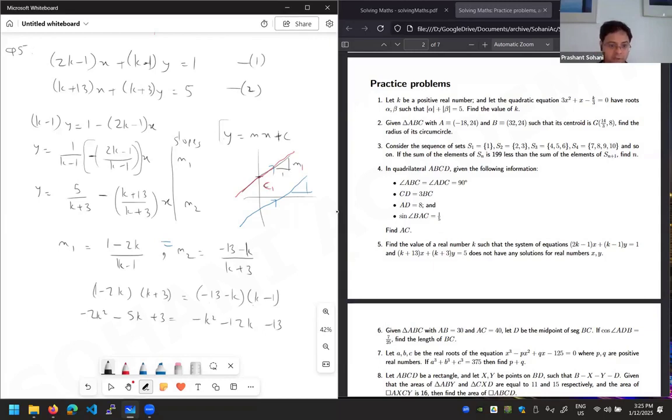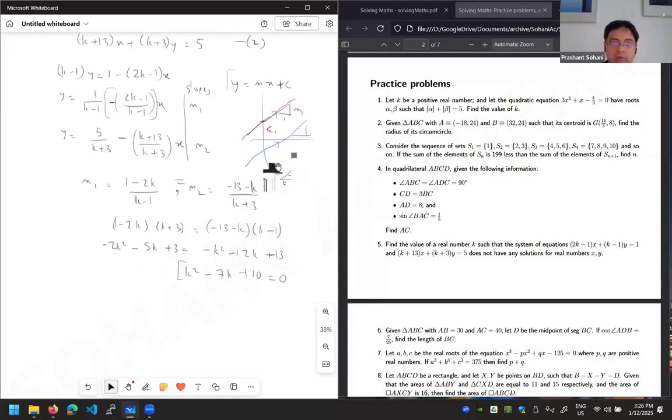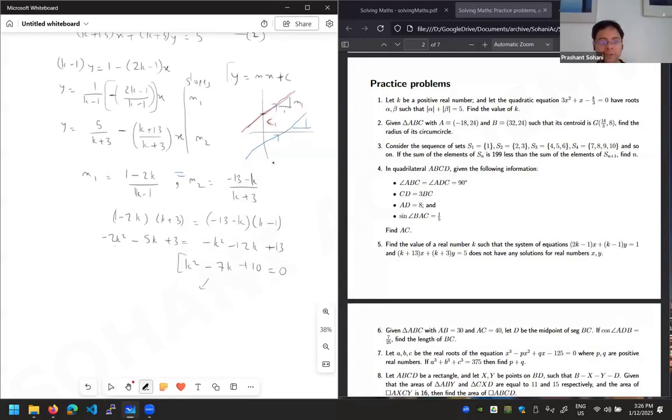Okay, so if I take everything to one side, the minus 2k square and this will become plus k square, minus 7k, and this will be plus 13. Okay, so this is the equation I'm getting, k square minus 7k plus 10 equal to 0. Okay, it is easy to see that 2 and 5 are the roots, so therefore k is 2 or k is equal to 5.